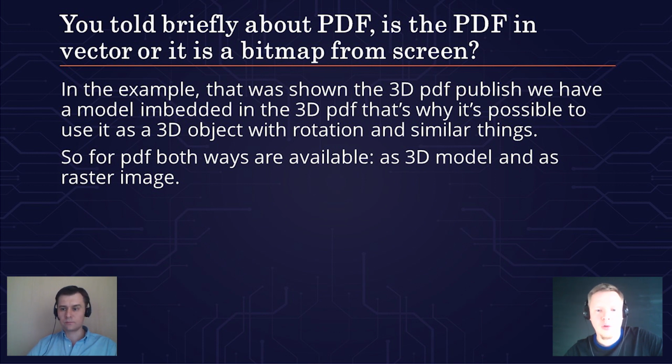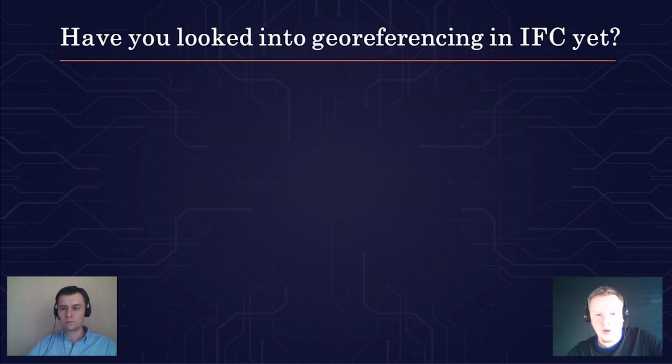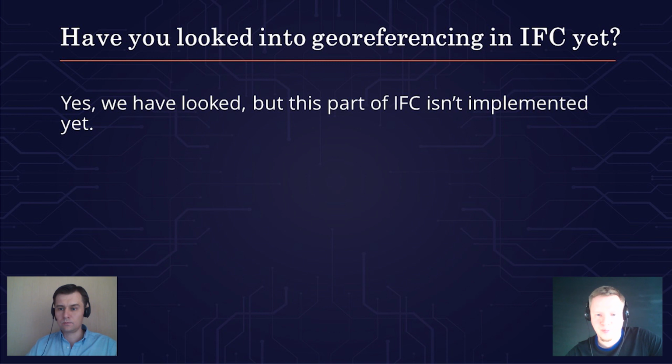So for PDF, both ways are available, as a 3D model and as a raster image. The next question, have you looked into georeferencing in IFC yet? Yes, we have looked, but this part of IFC isn't implemented yet.